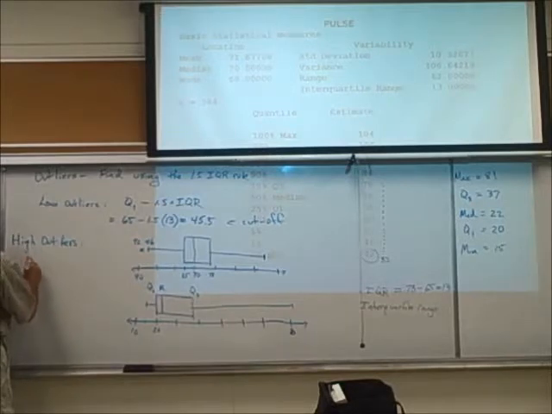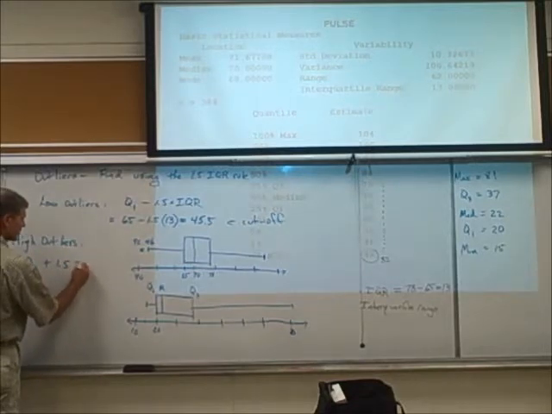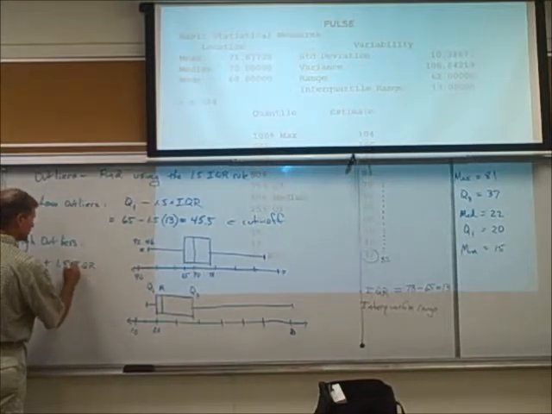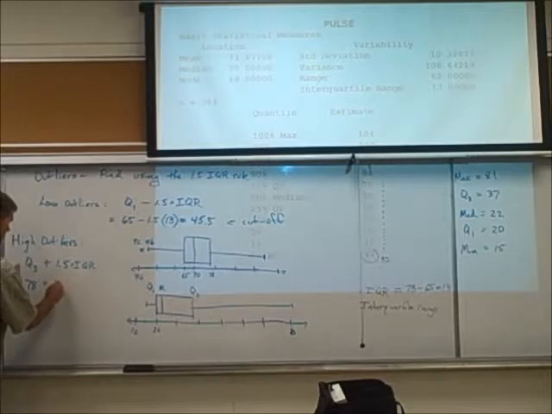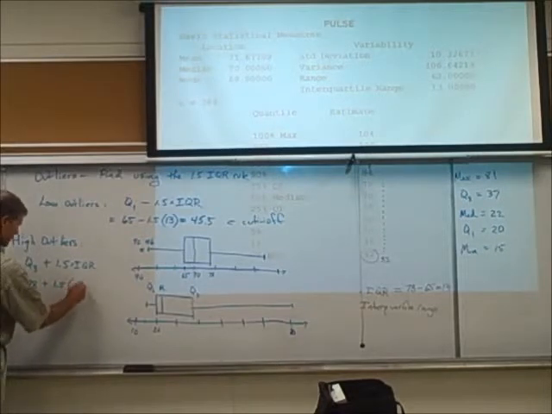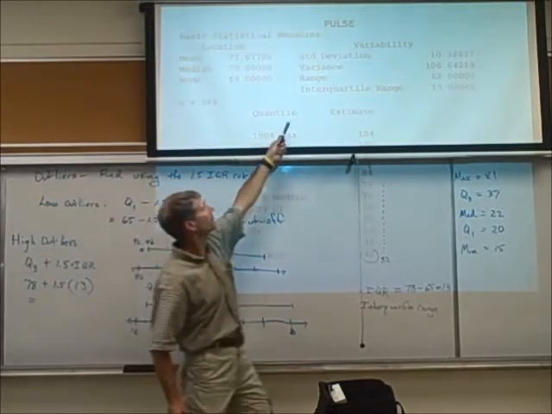So Q3, and this time instead of subtracting off, I'm going to add 1.5 IQR. So Q3 was 78. 1.5 times the IQR was 13. Interquartile range. It's this guy.